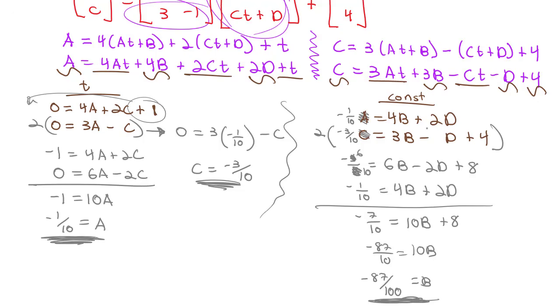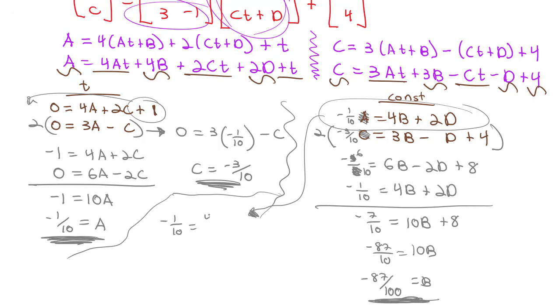And now that I have b, let's plug it into the first equation here. Negative 1/10 equals 4 times b, which is negative 87 over 100, plus 2d. I'm going to get rid of the fractions and multiply everything by 100, which gives me negative 10 equals 4 times negative 87, which is negative 348, plus 200d.